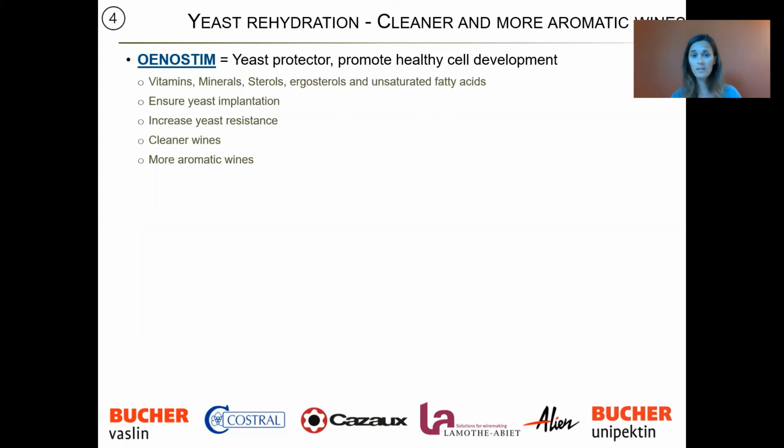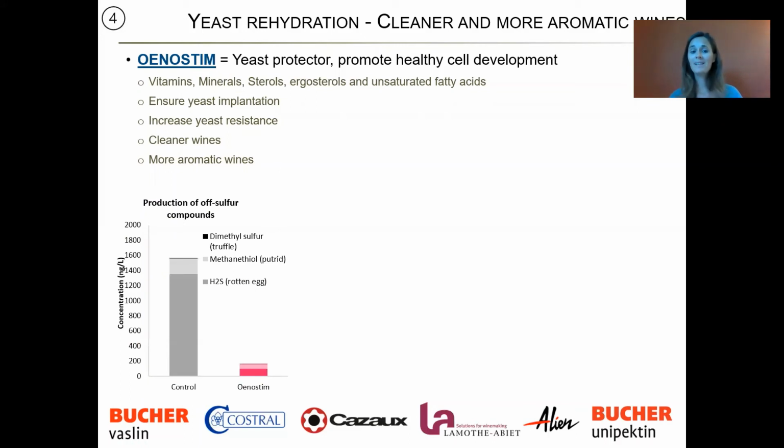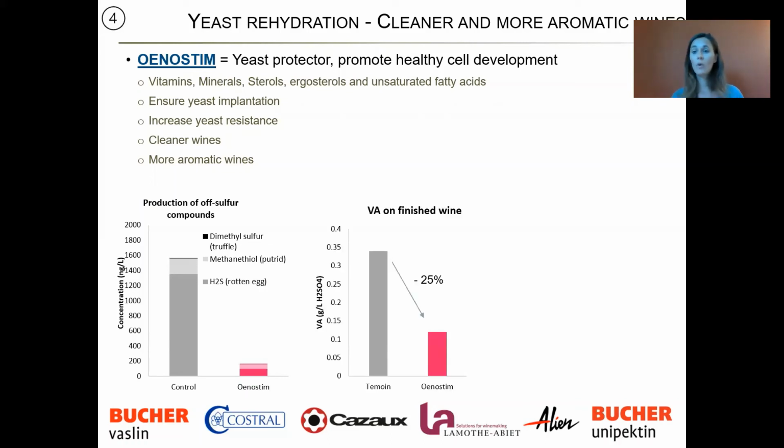It ensures good yeast implantation and good yeast resistance to stress, so less sulfur off-aroma compounds are produced because she's not as stressed. As you can see in the graph here, we produce way less H2S when we use Enostim. Also lower VA as the yeast is not as stressed. In this case, minus 25% using Enostim, and that's something very recurrent.